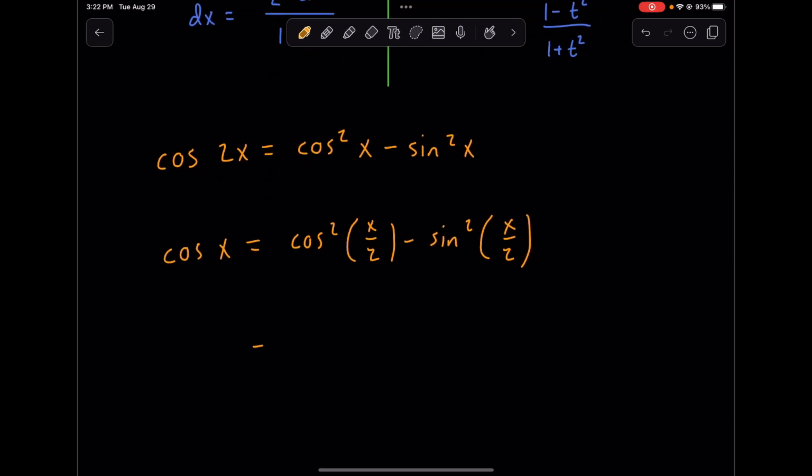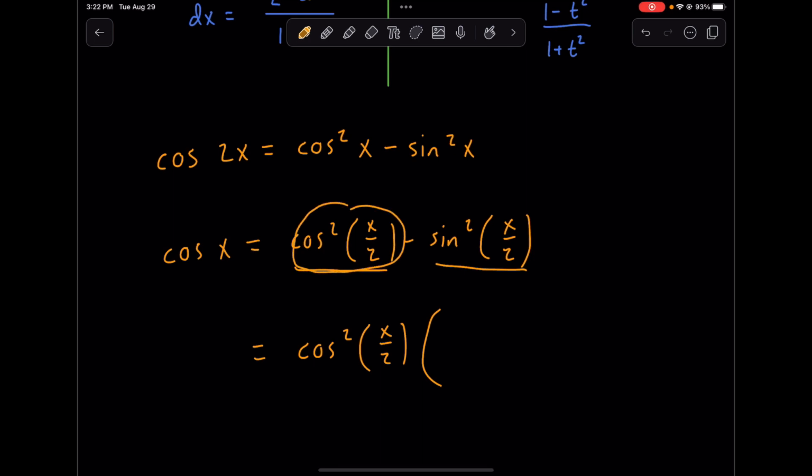From here, we're going to factor out a cosine squared, so we divide each of these terms by cosine squared. That becomes cosine squared of x over 2 times, if you divide the first term by cosine squared, you just get 1. If you divide the second term, you get tangent squared. So that's 1 minus tangent squared of x over 2.